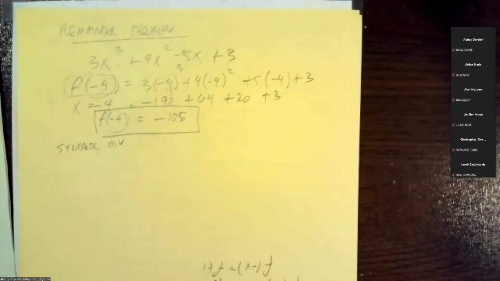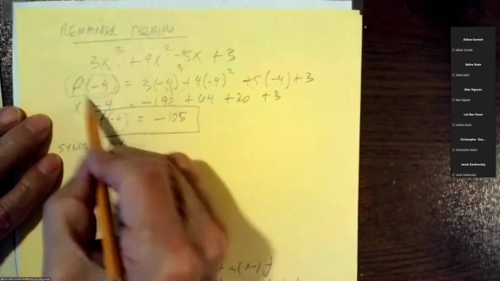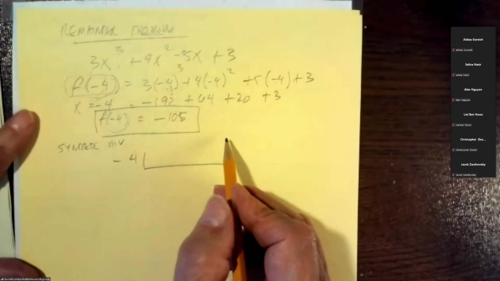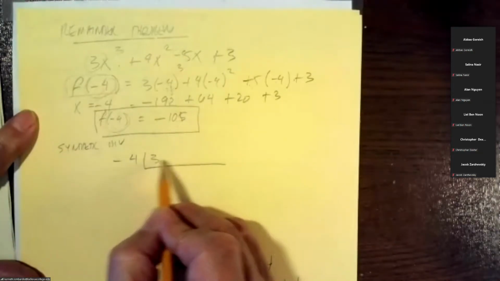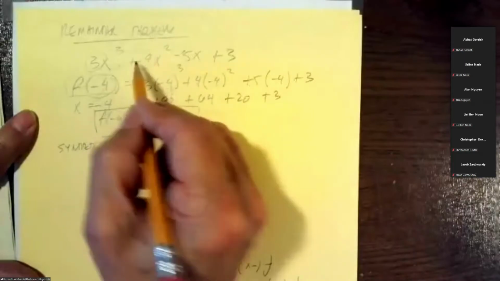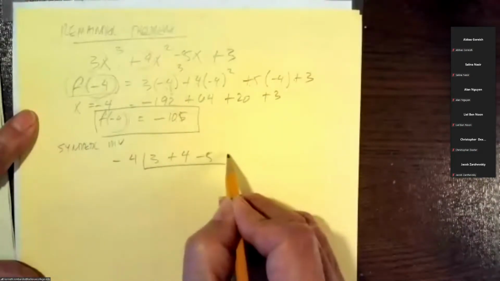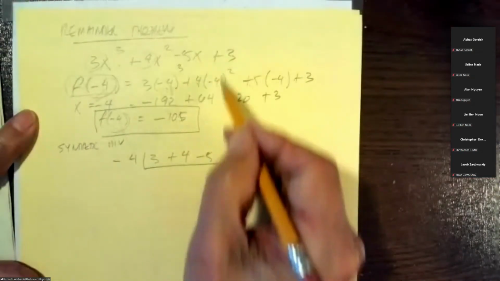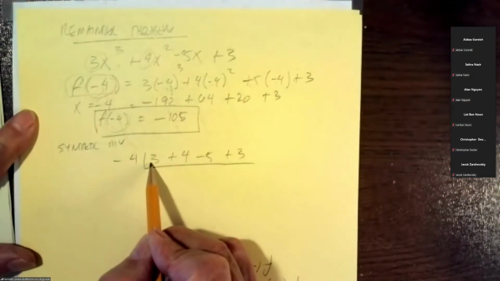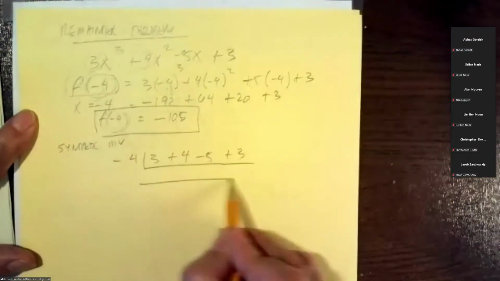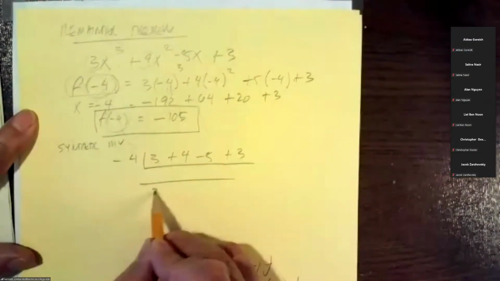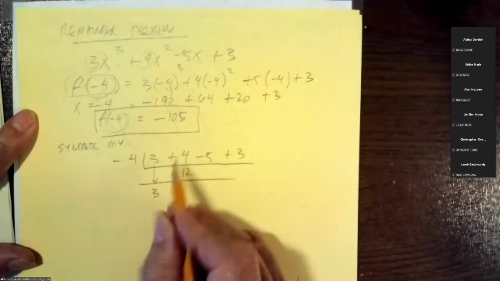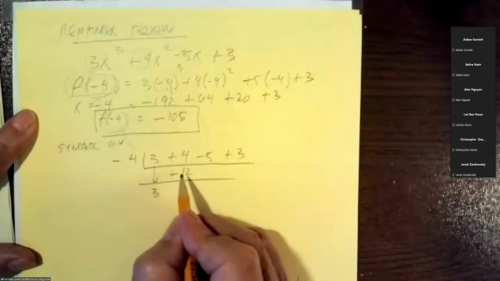So if I have negative 4 as the solution, and I'm dividing into 3 plus 4 minus 5 plus 3, those are the coefficients, aren't they? So if I do my synthetic division, bring down my 3, that becomes a negative 12.